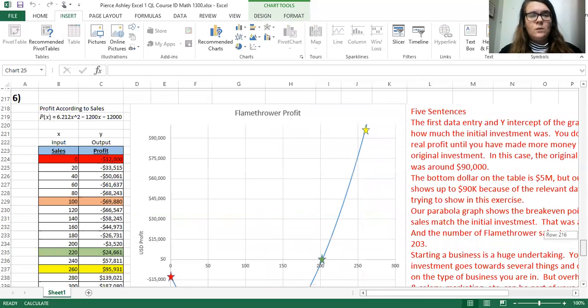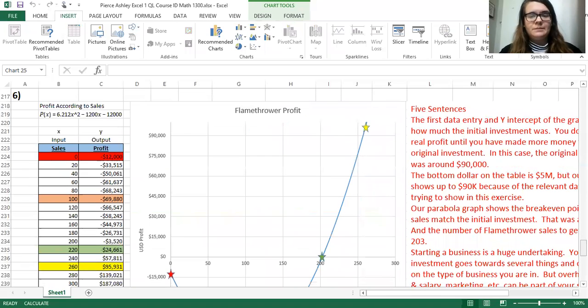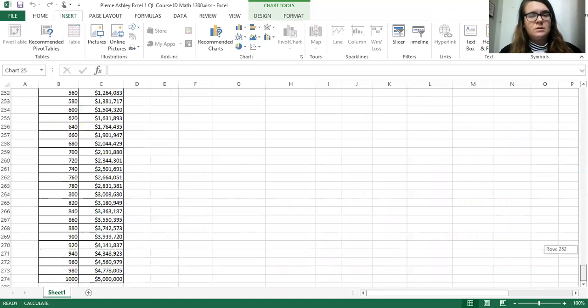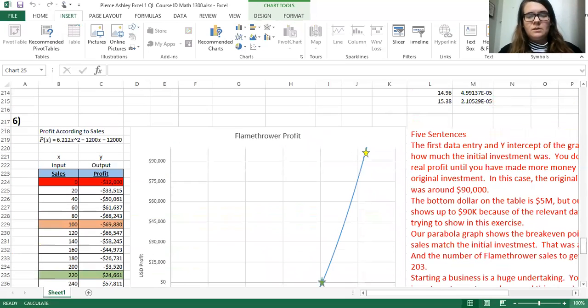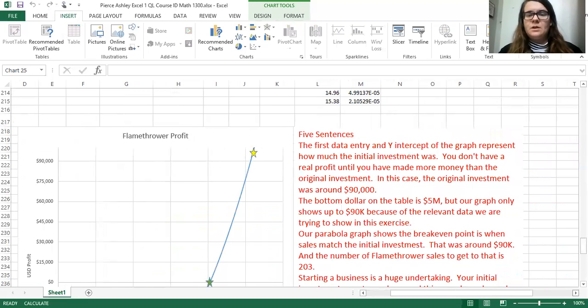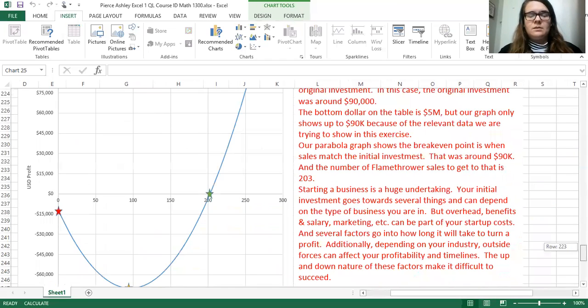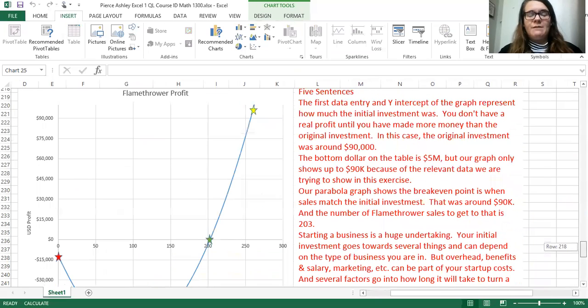And then here we are at number 6. Flamethrower profit. The first data entry and y-intercept of the graph represent how much the initial investment was. You don't have a real profit until you have made more money than the original investment.